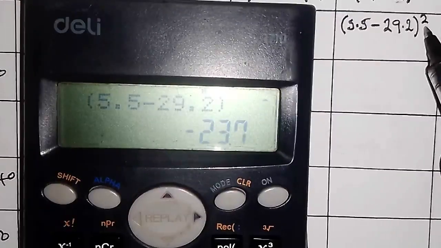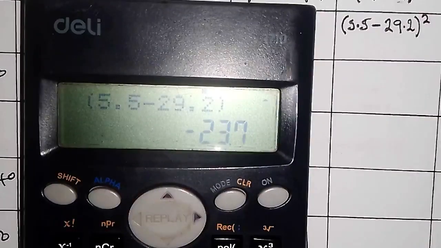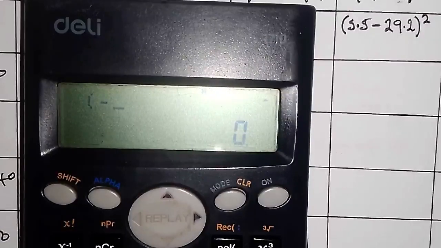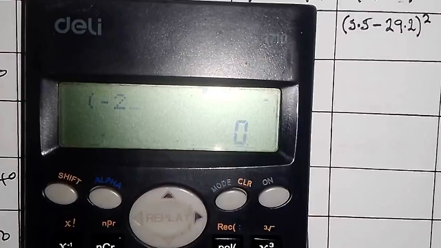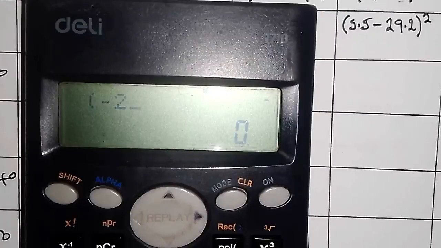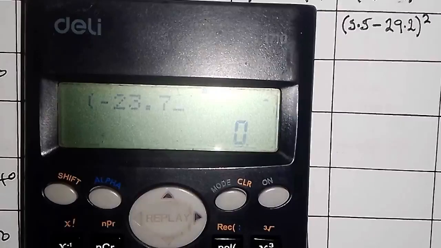You square it. So you say negative 23.7, then you square it.